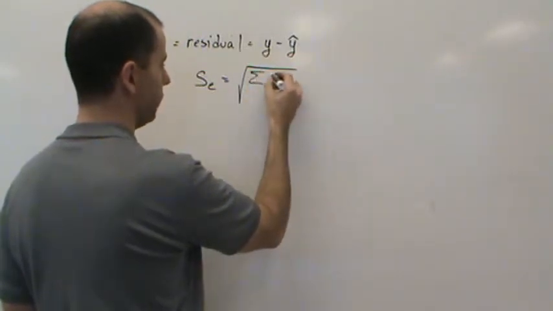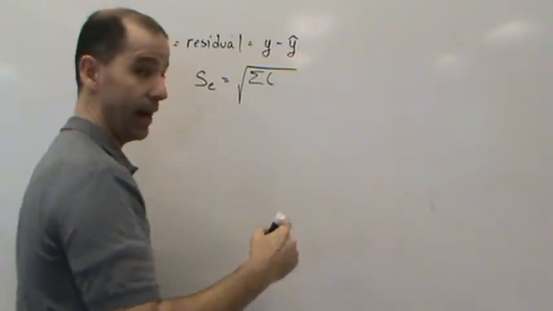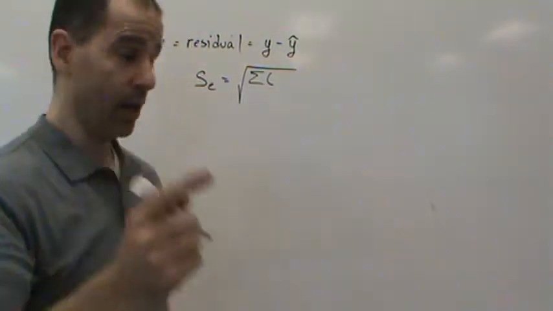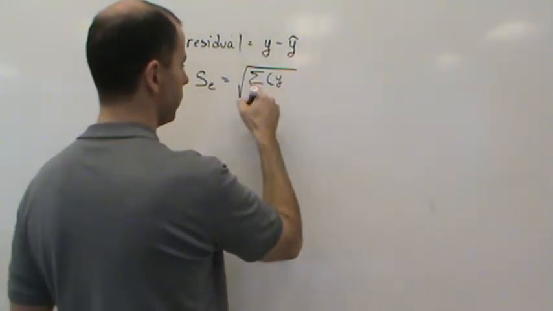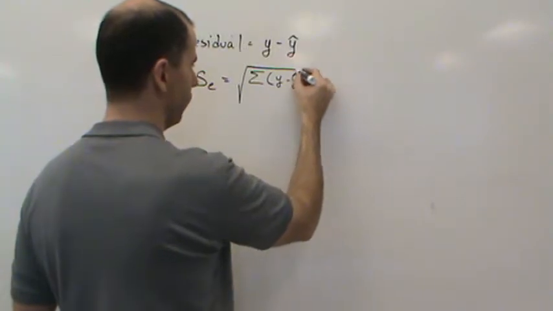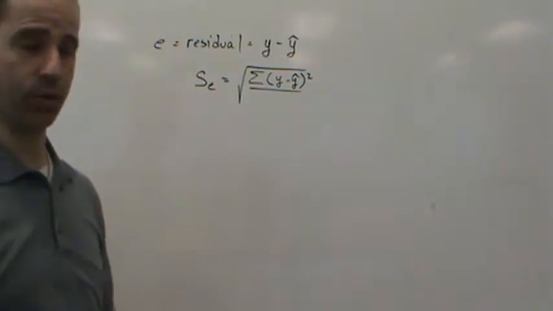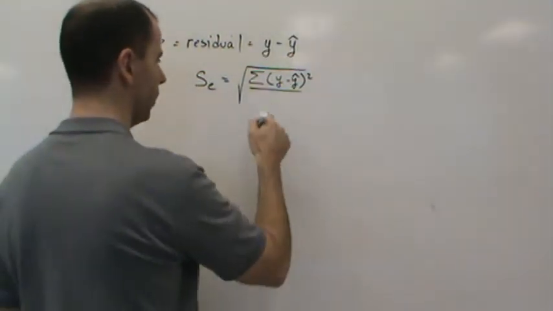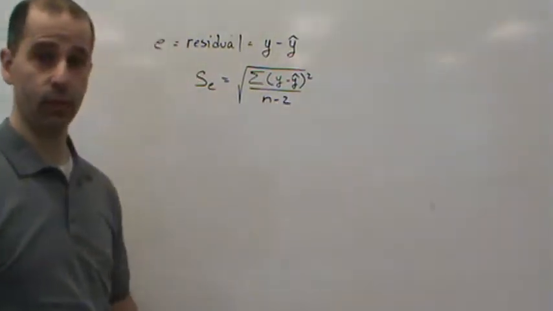So the standard deviation of the errors is exactly what we would expect. It's going to be the sum of all of the squared residuals, right? In other words, it's the unexplained variation, which is the sum of (y minus y hat) squared. And we're going to divide by n minus 2, the degrees of freedom.